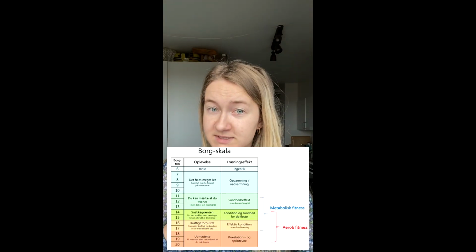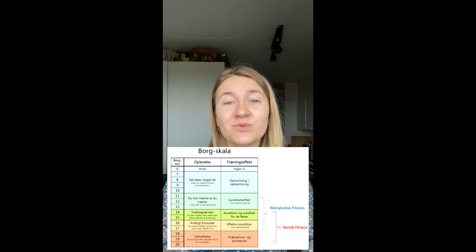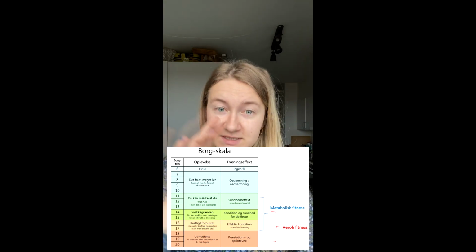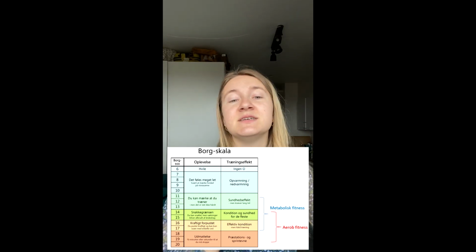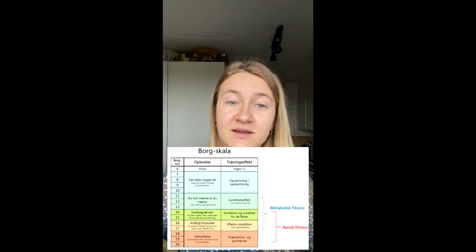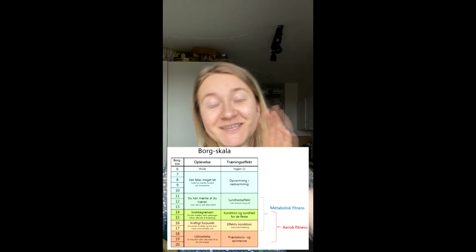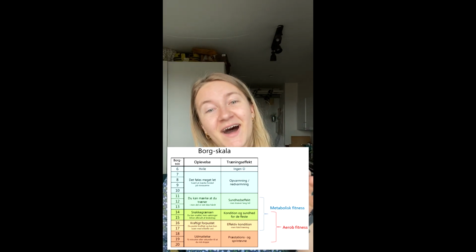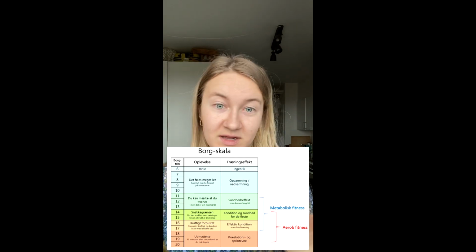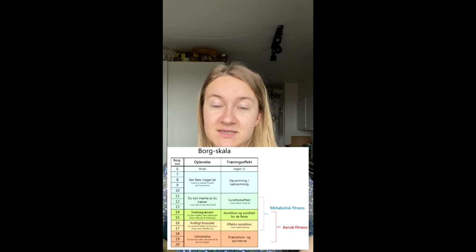In Denmark, we use this thing called a Borg scala, which is just a way of trying to figure out where you are on this, and it helps you figure out what intensity you're working at. But because I could not find anything similar to that scala, I have decided to put it in anyway and then translate it into English, obviously, so you guys understand what it means.